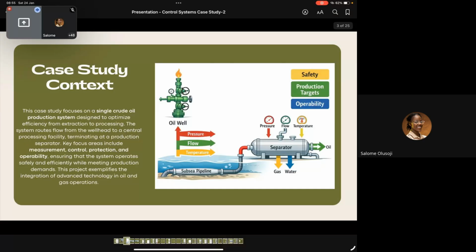Oftentimes in the field, if I know that a job is 70 to 80% complete, I try to be conservative and give it like 50% because I don't know the kind of problem I'm going to encounter in the future, in the evolution of the problem.